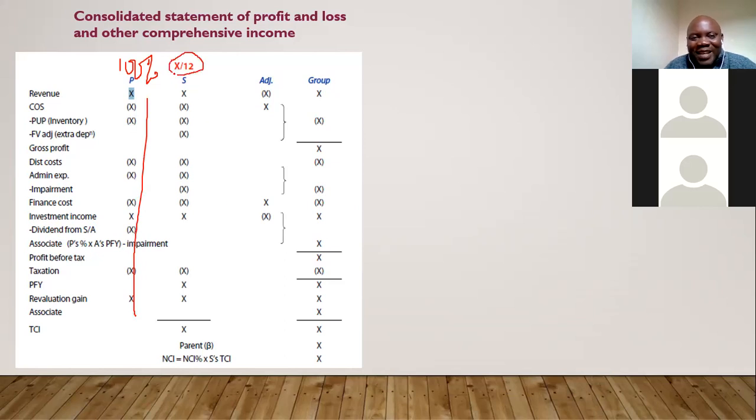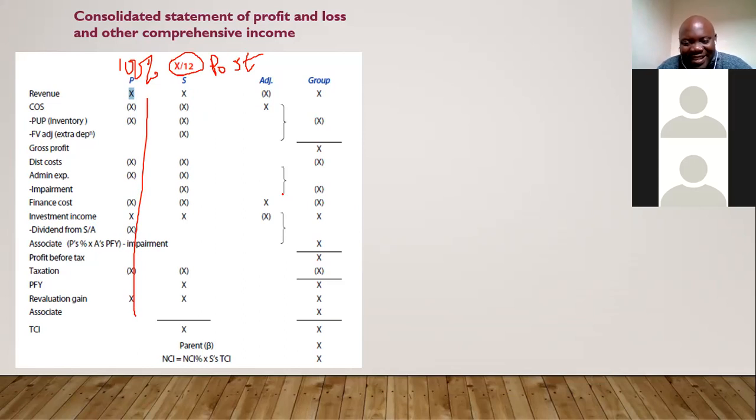Then from the subsidiary's income statement, we'll only consolidate anything post acquisition. These income statements, we know that they're annual.